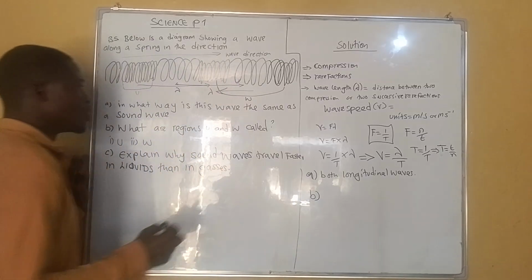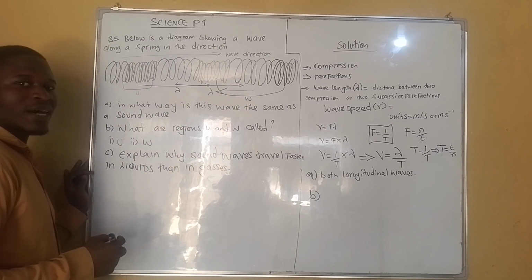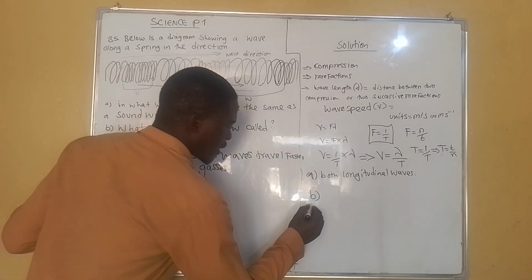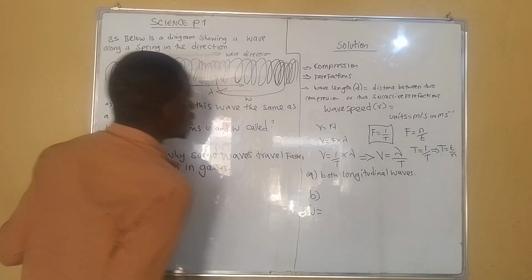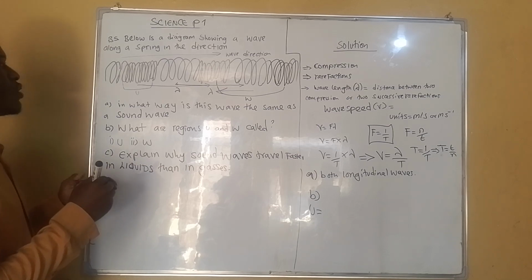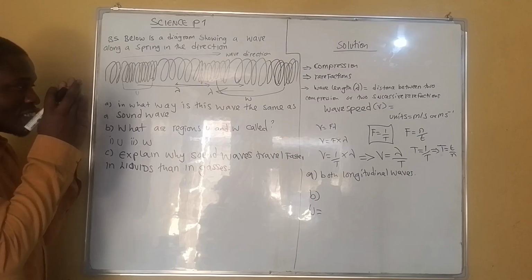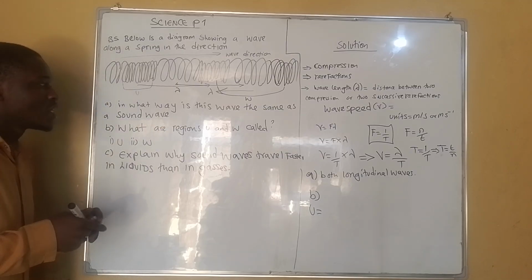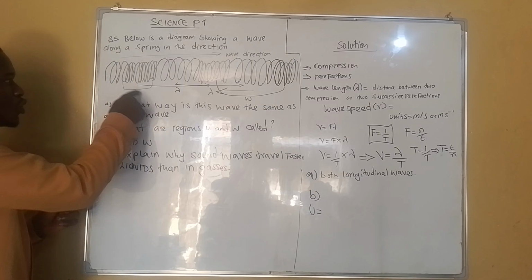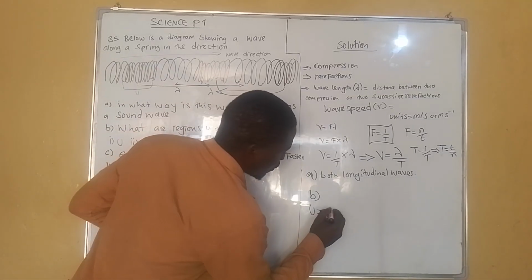What are the regions U and W code? According to what we have here, the part which is close together, where the spleen is compressed, is known as what? Compression, isn't it? So U is compression, right?